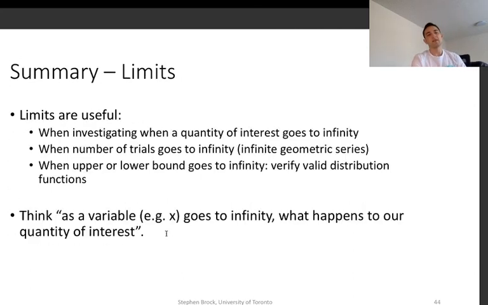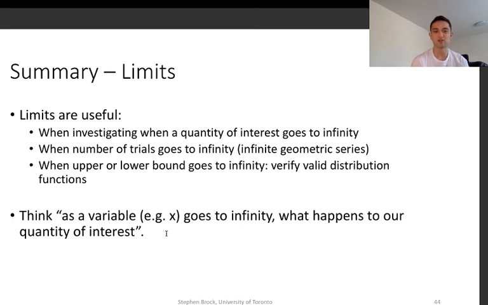Alright, so that is all the material that I wanted to review. Now I'm just going to go over important takeaways from limits, derivatives, and integrals. Limits are useful when you're investigating a quantity of interest when it goes to infinity. When you want to see what happens to a function f when x goes to infinity, that's where limits come in.